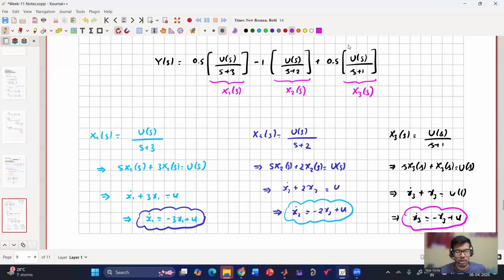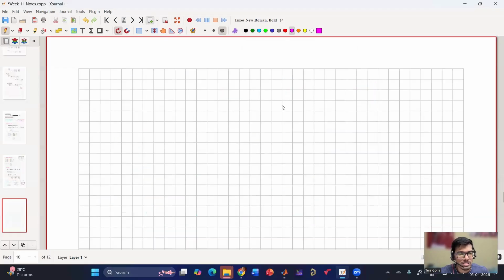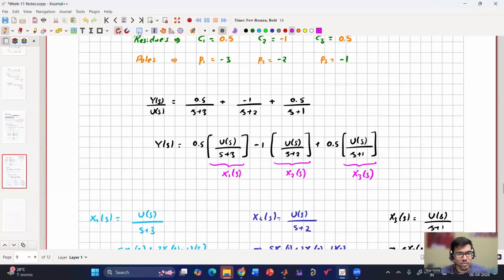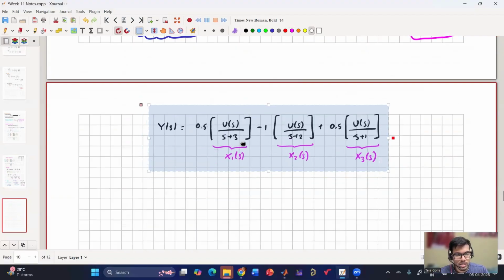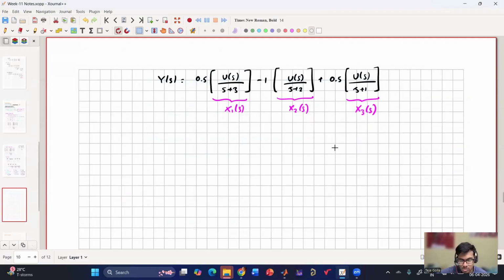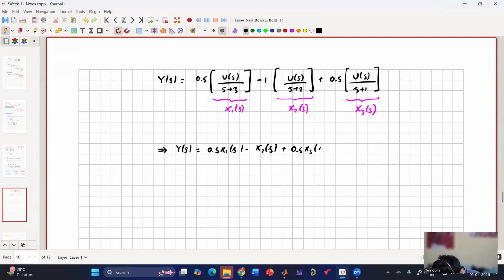Now what about the output? But output I can get from here itself. So let us see what I'm going to do now. We have y of s, which is 0.5 into x1 of s minus x2 of s plus 0.5 into x3 of s.